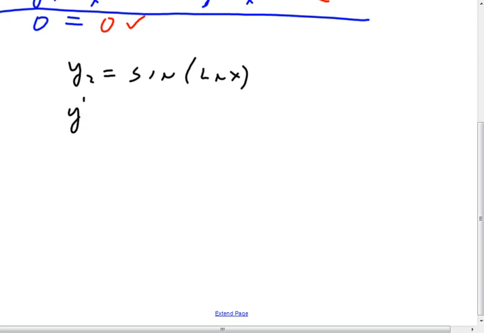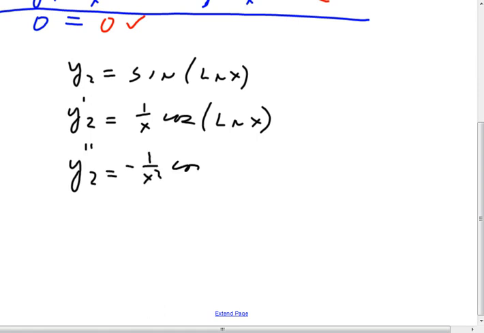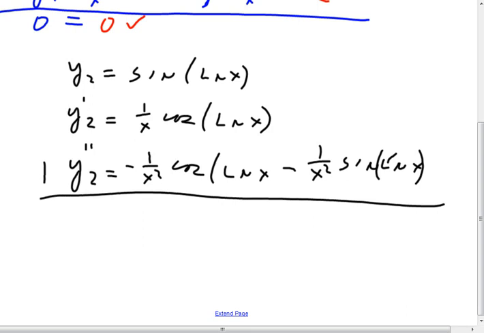So y prime 2 would be 1 over x cosine natural log of x, and y double prime 2 is minus 1 over x squared cosine natural log of x minus 1 over x squared sine natural log of x. And with a little bit of luck I did that right. I get one of those, I got one of those, I got one of those. When I get done, I want to have 0.